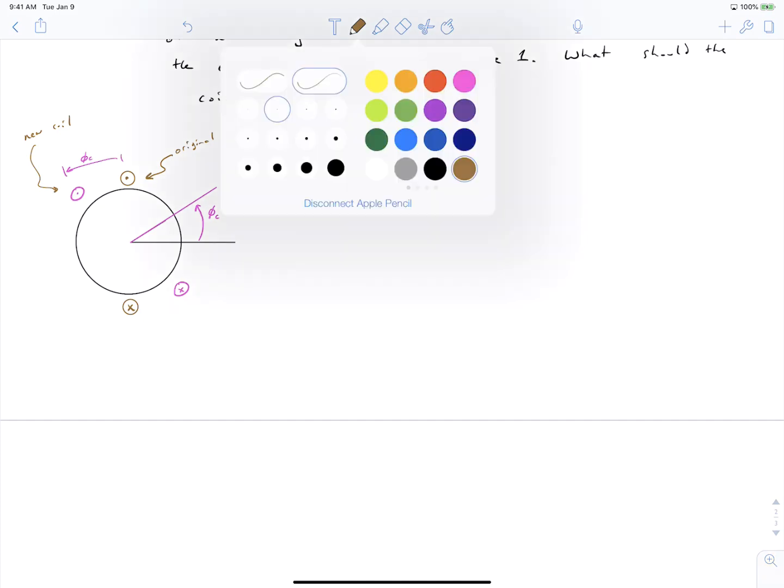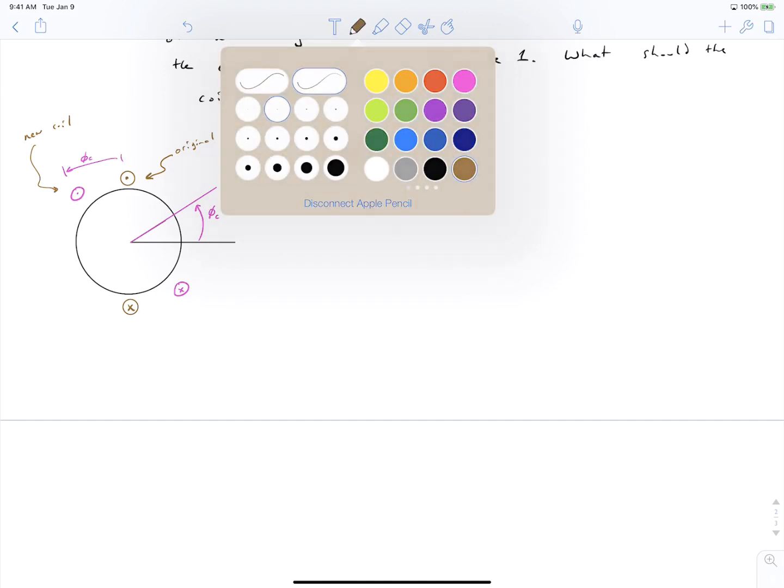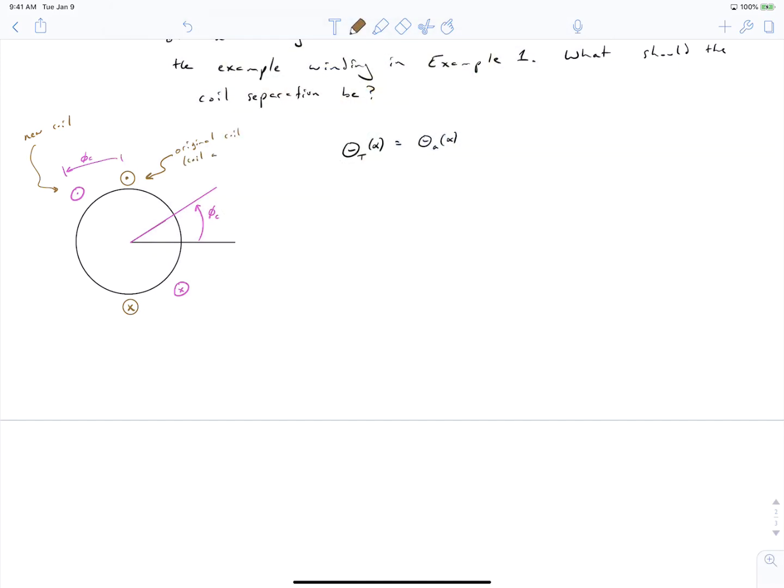So let's write this out. Our total current linkage we'll call capital theta of t, and it's going to be equal to our original current linkage, which we'll call capital theta A. So we'll say that this is original coil, coil A, and coil B. And so we can write the Fourier series as this expression of phasors, like we've just been describing.